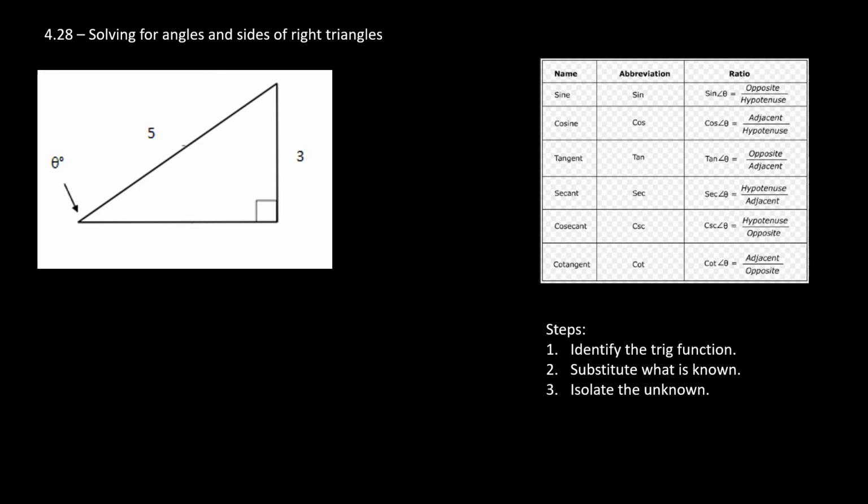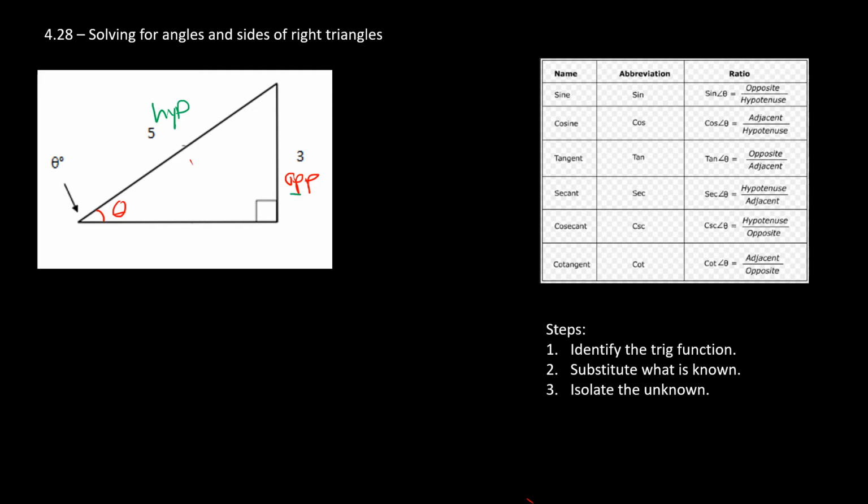Let's do another one. So let's identify our trig function. So let's label our theta. Okay. So theta's there. Okay. We've got our opposite side, and we have our hypotenuse. Okay.